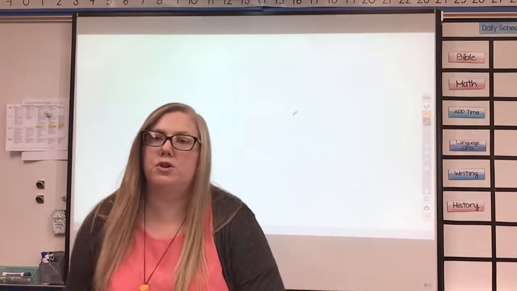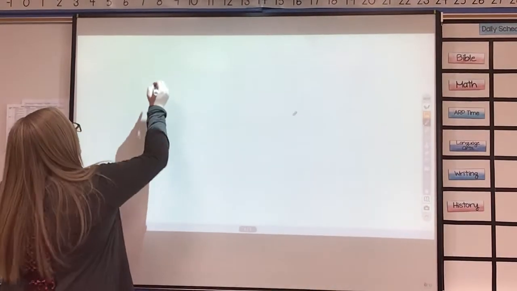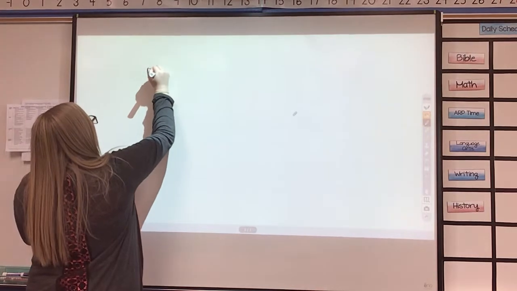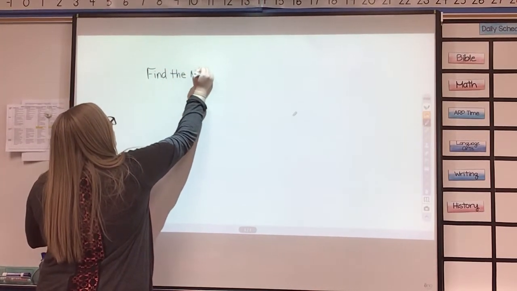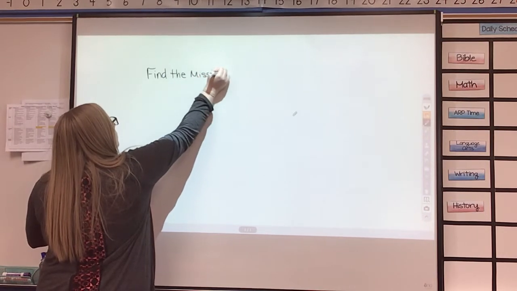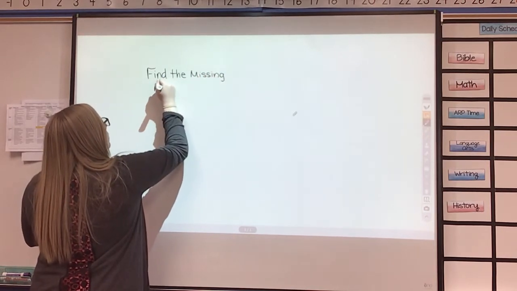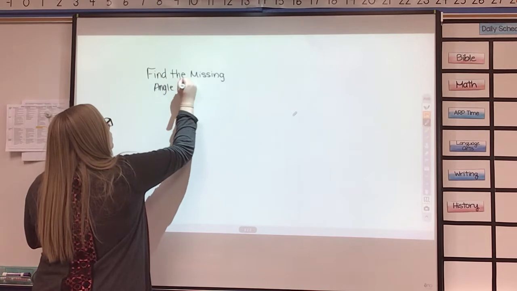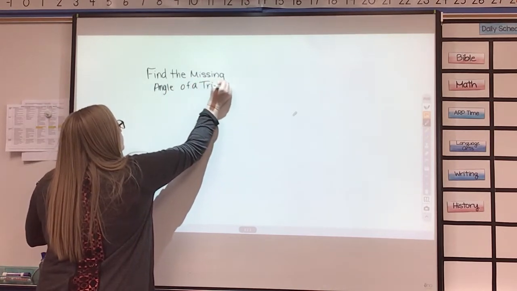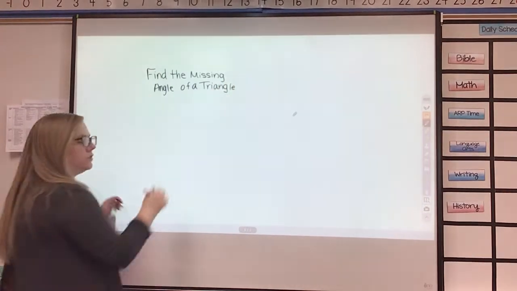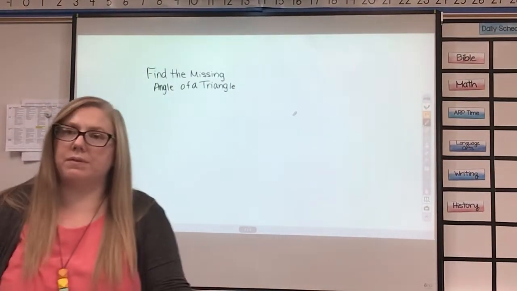So example 1, I'm going to do a triangle. So I'm given this triangle.